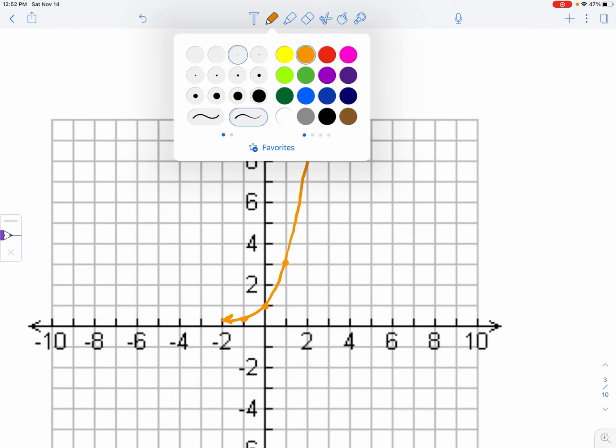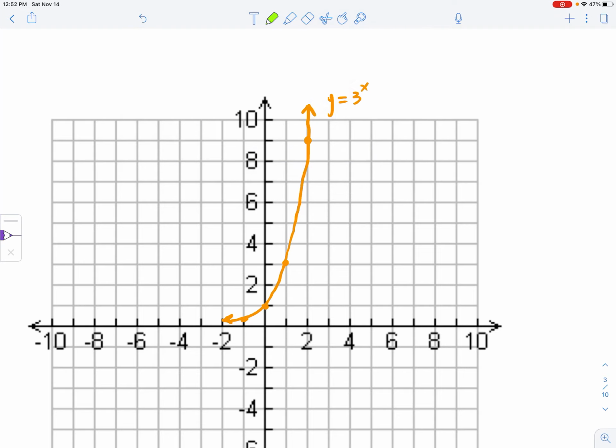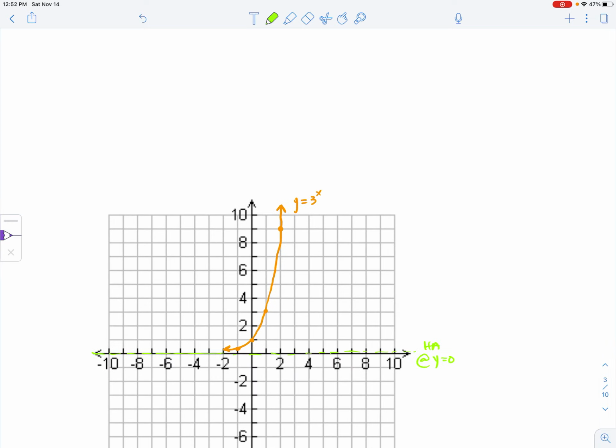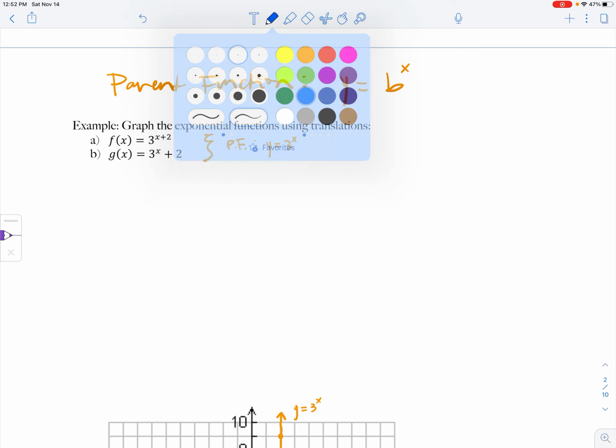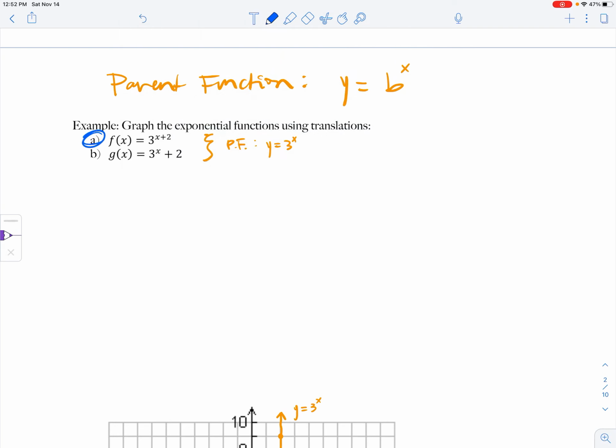Okay, and if you did the same analysis as we did for y equals 2 to the x or y equals 2 to the negative x, you would see that there is a horizontal asymptote. I should have sketched it in the above graphs, but there's a horizontal asymptote at y equals 0 on the parent function.